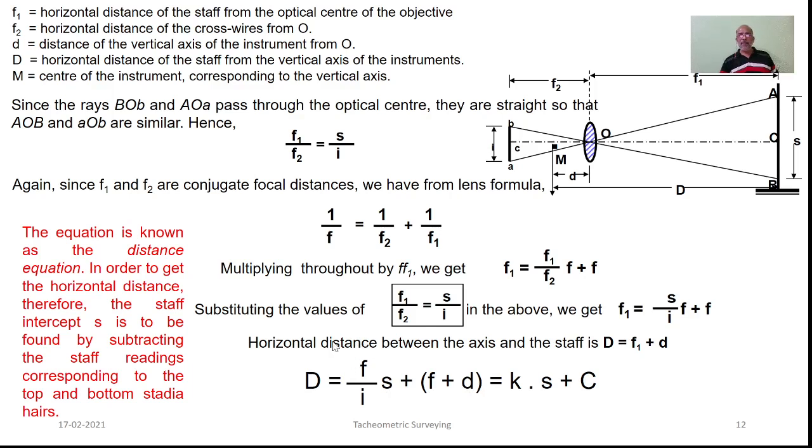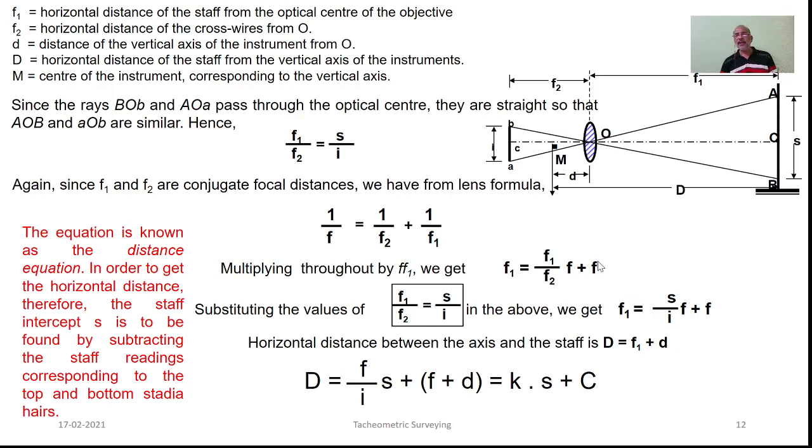Here, this f by i is expressed as the multiplying constant, that is K, the way we discussed about it in our earlier slides. Its value is adjusted to be 100, whereas this f plus d is expressed as the additive constant, and it is nothing but C.